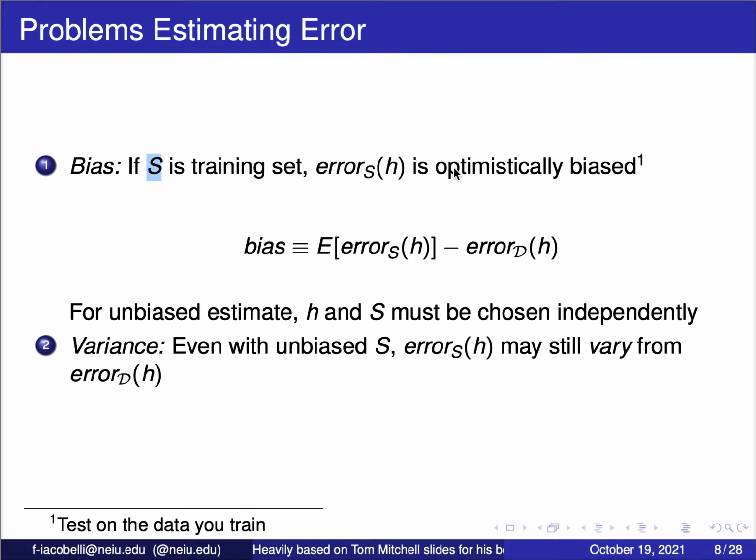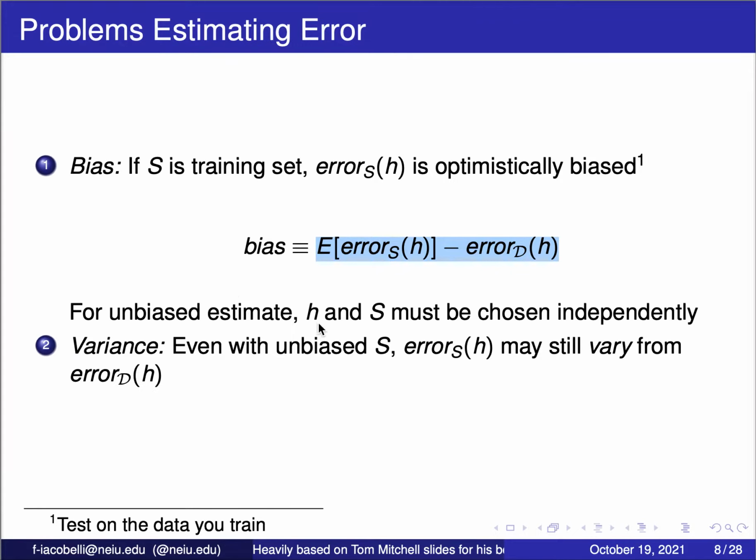I need to test on a different sample, a sample that I have not trained on, but that is representative of the same data that I trained on. Basically, the bias is the estimation of the error in the sample minus the error in the real world, right? And if I train and test on the same sample, this difference is just going to be very big.